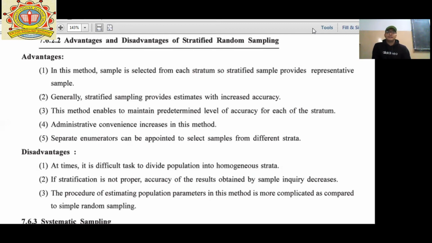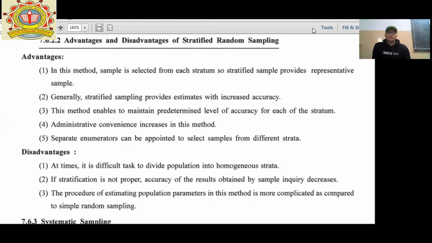Second point, if stratification is not proper, the accuracy of the result obtained by the sample inquiry decreases. This is the point which is in the advantages, and in the same way it is in the disadvantages. It means if stratification is proper, then it becomes an advantage, but if stratification is not proper, then it becomes a disadvantage.